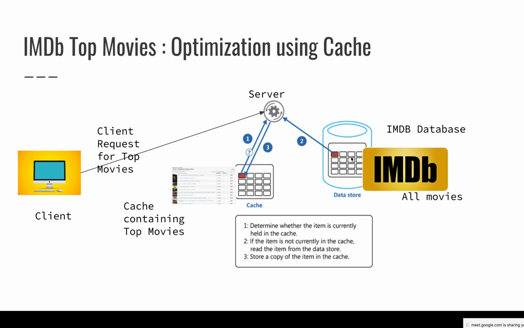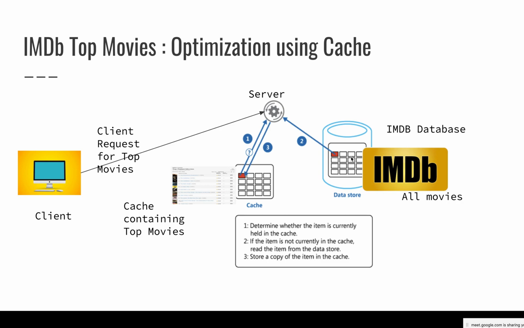Now, what happens when we introduce a cache, or a layer of caching, in between? When the server receives the request, first of all, it's going to check in the cache whether the cache already contains this particular set of data which the client has requested.